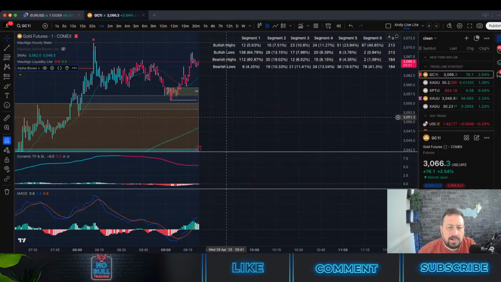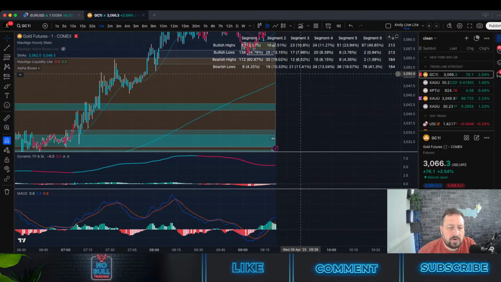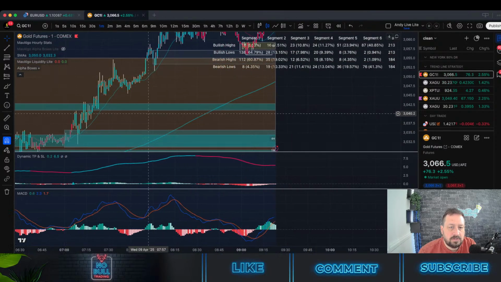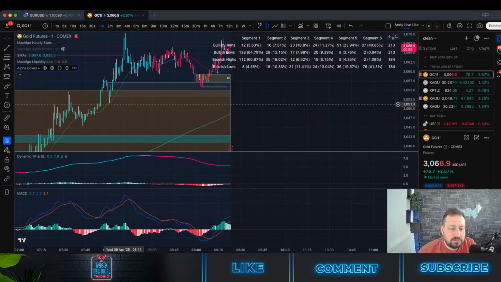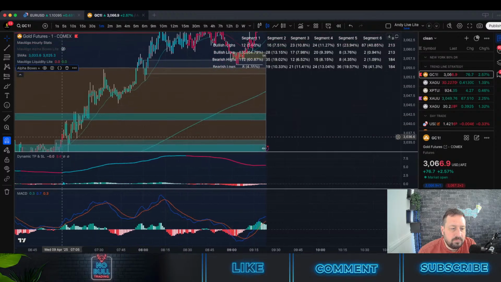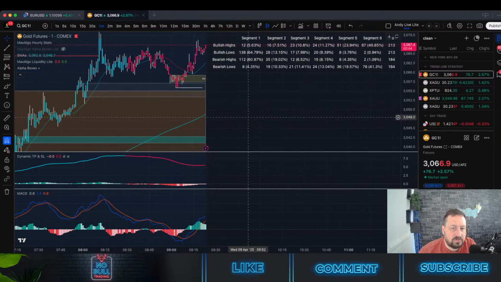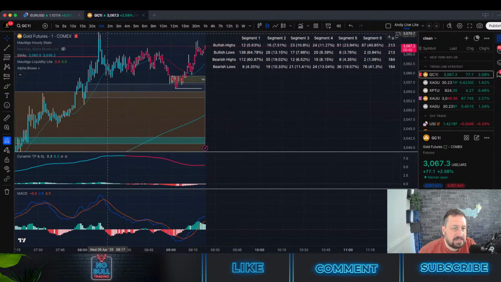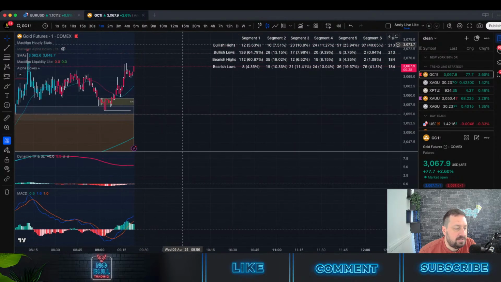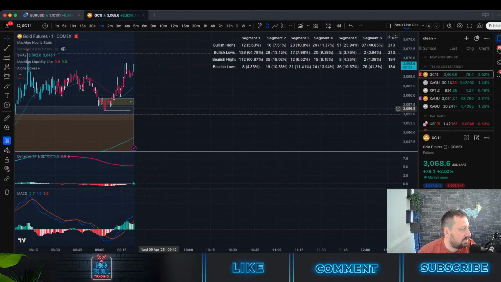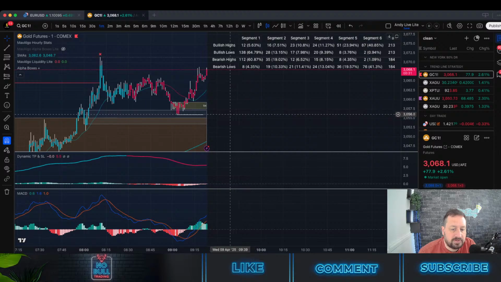So remember our 4-hour candle here has put in a high in the first hour and 10 minutes. Now, statistically, for a bullish 4-hour candle, it's more likely that the highs are put in later, like in the last hour and a half, which has the highest probability.